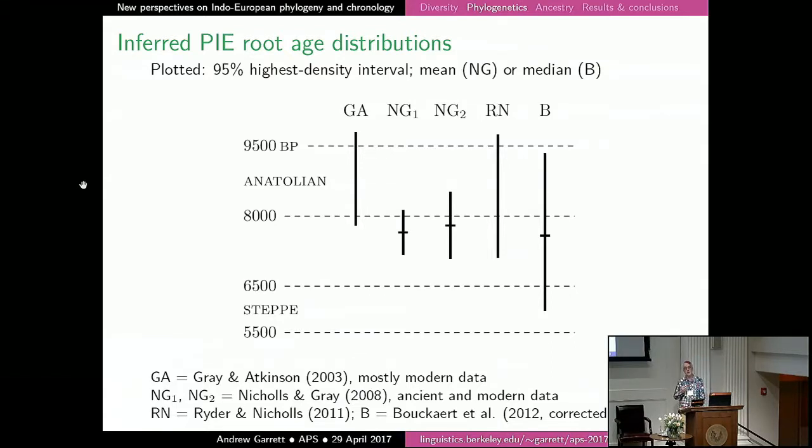So this was a problem for a lot of linguists who were inclined, based on these qualitative arguments, to favor the steppe model. And a lot of linguists said, oh, science bad, or I can't understand this math, that's too hard, I'm gonna go home.